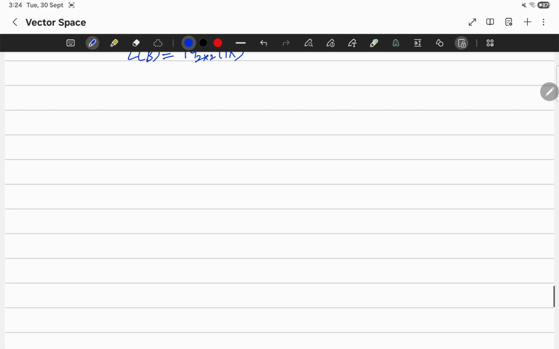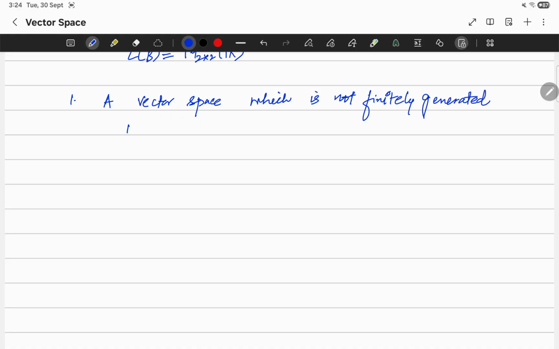Now we have some properties. A vector space which is not finitely generated is called an infinite dimensional vector space.